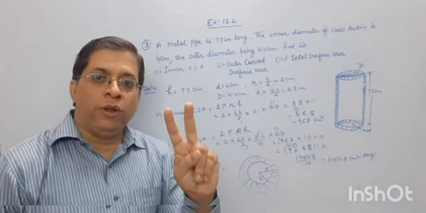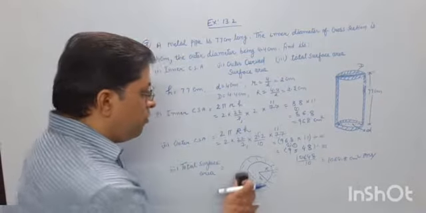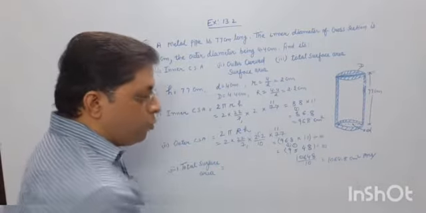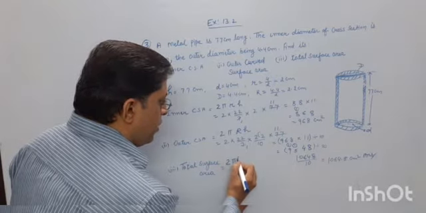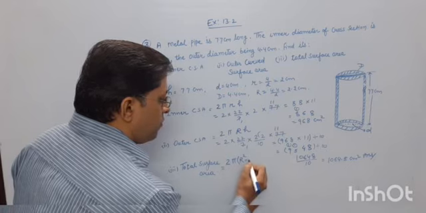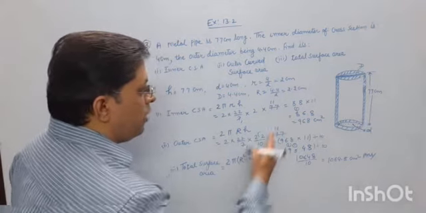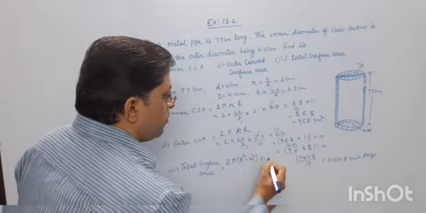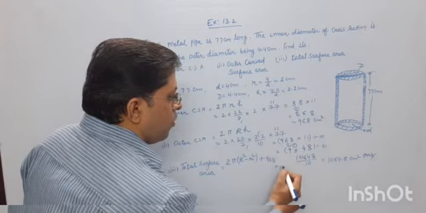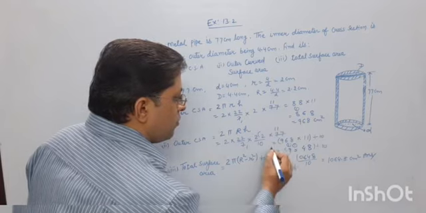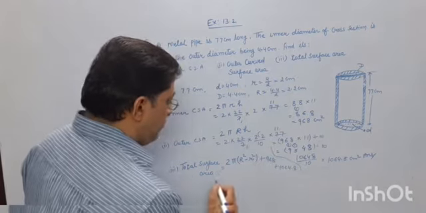So you will get two rings. Okay. Then what you will get? 2 into pi outer radius square minus inner radius square plus inner CSA plus outer CSA. This you have to add.